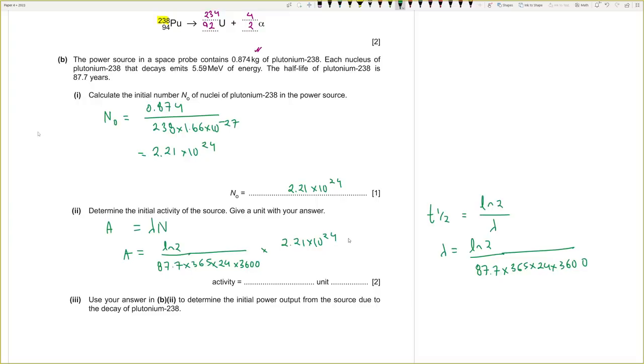So we get a value of A, correct to 3 significant figures because our data is given to 3SF, 5.54 times 10 to the power 14. And the unit is going to be becquerels because I converted to seconds. This is the SI unit.